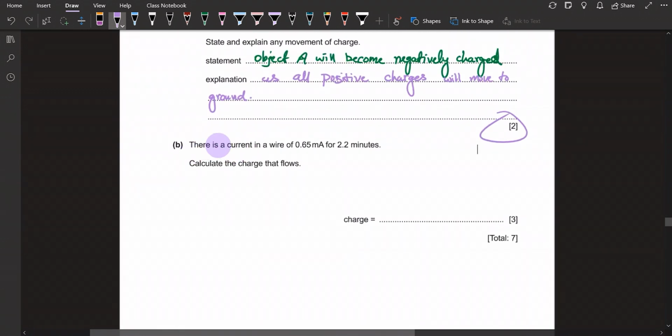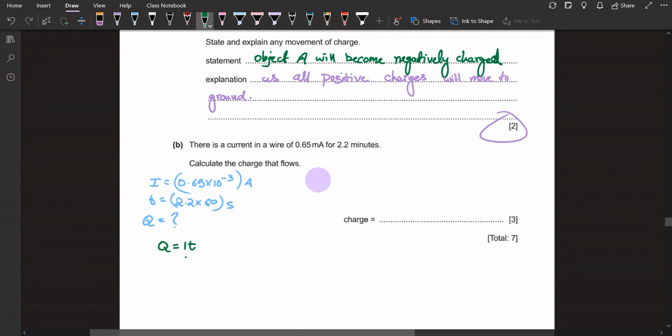Part B says there is a current of 0.65 milliampere in the wire for 2.2 minutes. Calculate the charge that flows. So we are given I, which is 0.65 into 10 raised to the power minus 3 ampere, and we are given time, which is 2.2 into 60 seconds, and we need to find charge, which is Q. So the equation which relates this is Q equals IT, and we can just plug in our values.